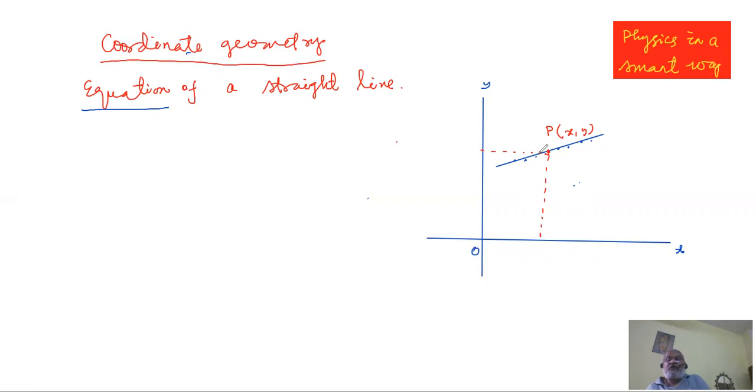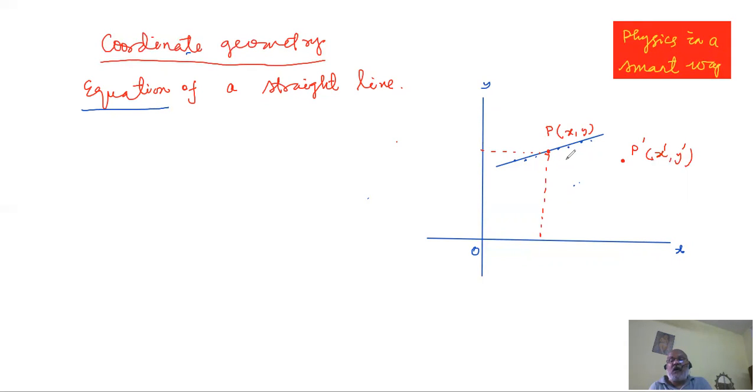This is coordinate geometry, and the point is on the line that we have picked up. The question is, this point is on the line, whereas another point we may mark here is not on this line. The second point, maybe P dash, must have its own x and y.